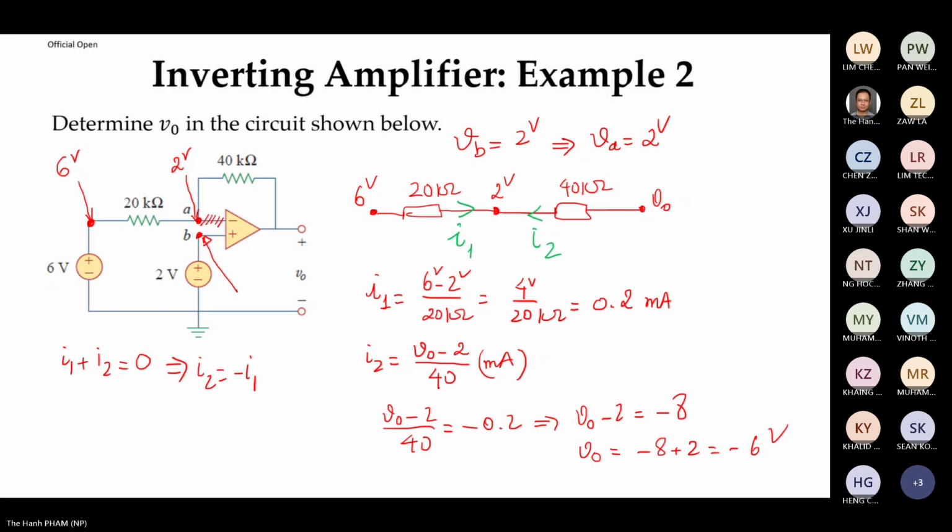So you can't always apply the formula, because if you apply the formula blindly, then you may say, oh, it's 40 over 20 times 6, which is minus 12 volt. But this one is wrong.